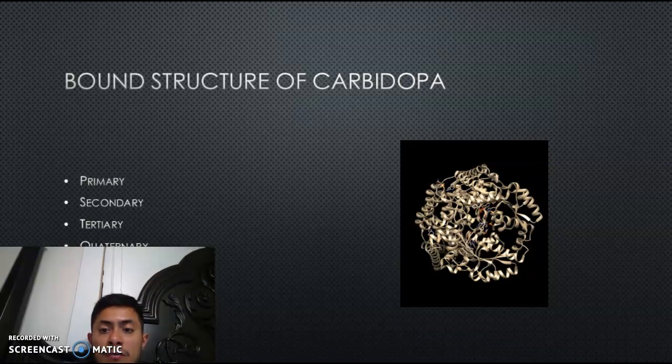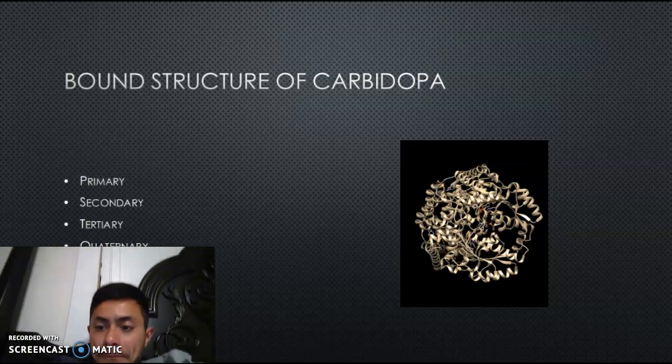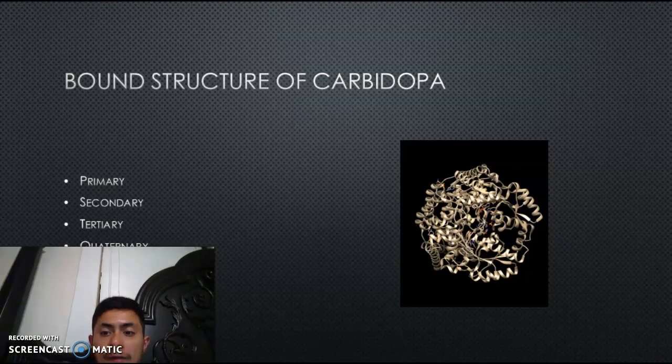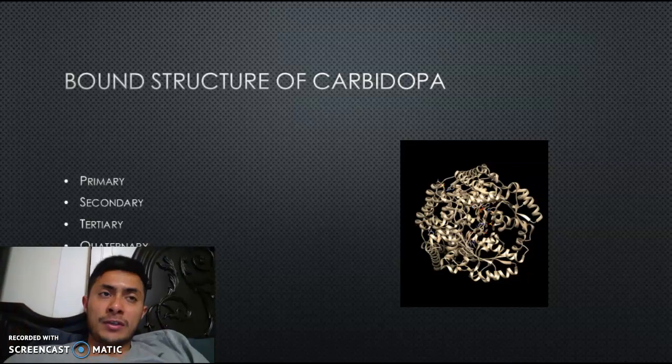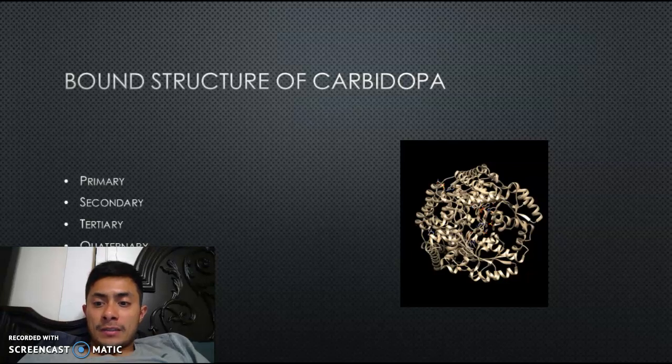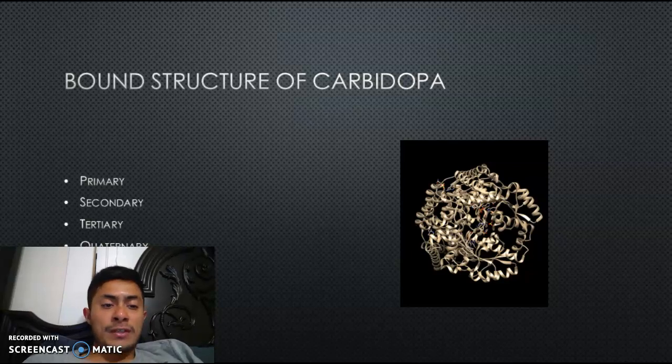First we have our large domain, which contains the PLP binding site, and this consists of 7-stranded mixed beta sheets surrounded by 8 alpha helices. Then you have your C-terminal domain, composed of 4-stranded anti-parallel beta sheets that have 3 alpha helices packed against the face opposite of that large domain.